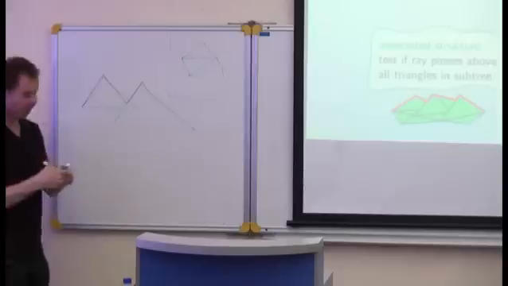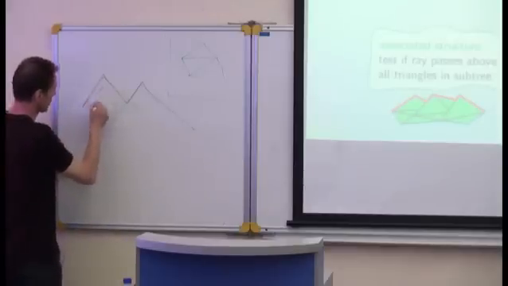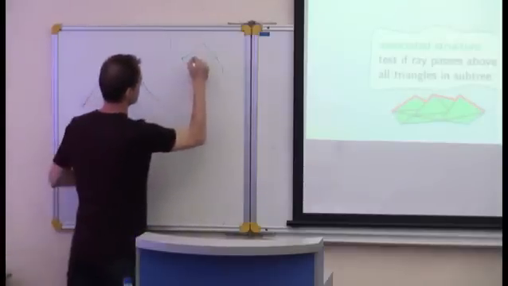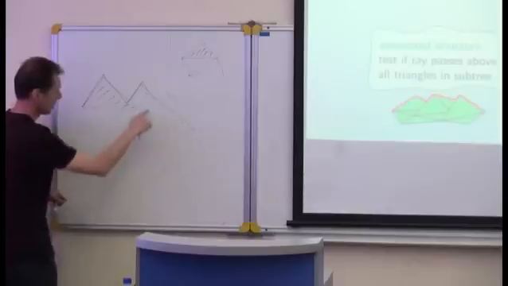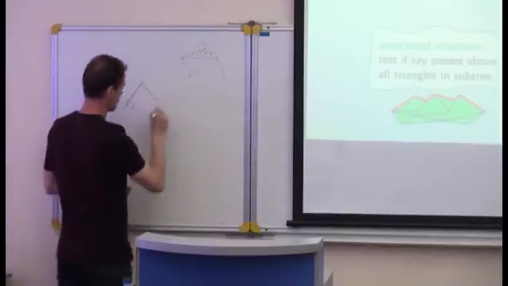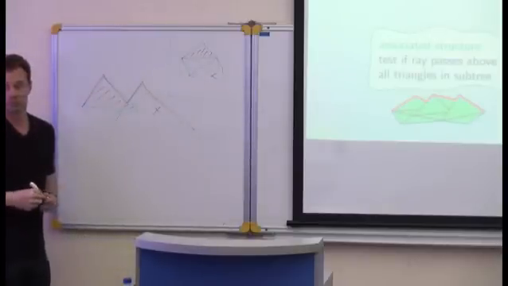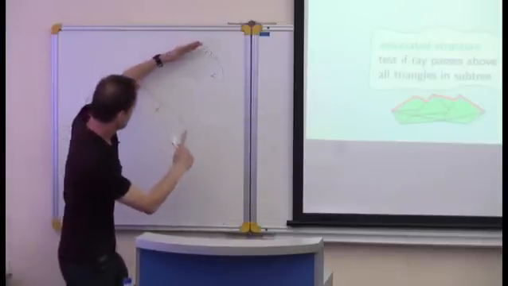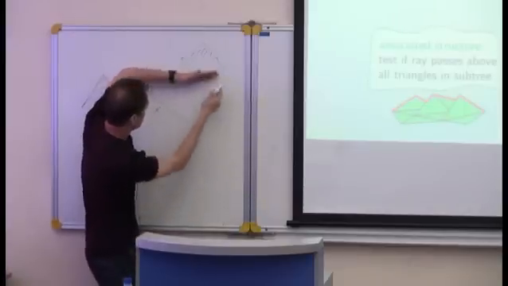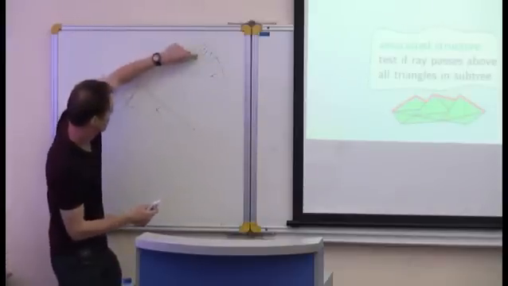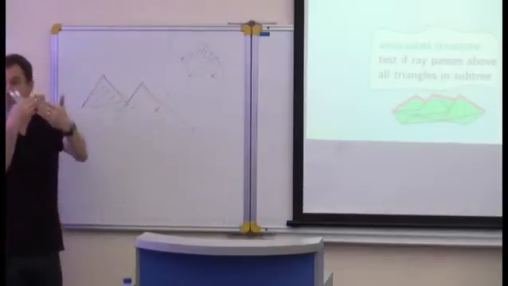This is from above. Now it could be that this triangle is this one, and this triangle is maybe this one. Okay, but when you now look from here, this one is, well, a little bit in front of the other one.